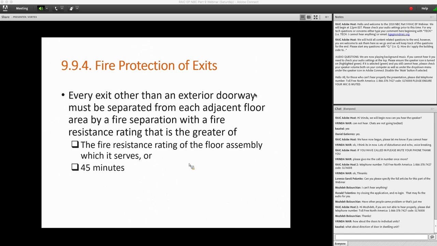If the floor assemblies in the building are, for some reason, not required to be fire resistance rated, then the exit fire separation is required to be 45-minute rated. If the floor assembly is required to be 1 hour rated, then the exit fire separation will match the fire resistance rating of the floor assembly.